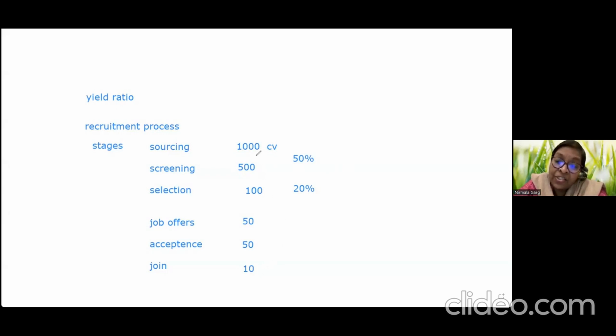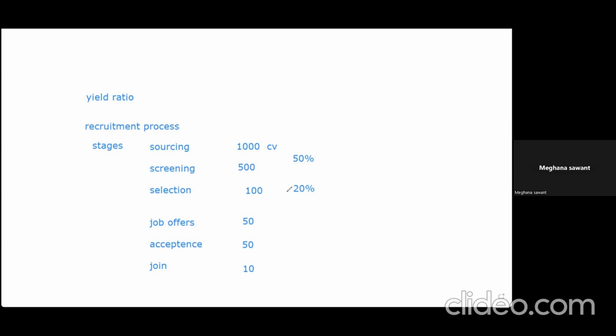There are organizations which will do it at every stage and say, this is my yield rate at every stage. I will actually recommend at every stage, because if you have to do root cause analysis, otherwise you will not be able to find out at which stage of your recruitment process there is a problem.